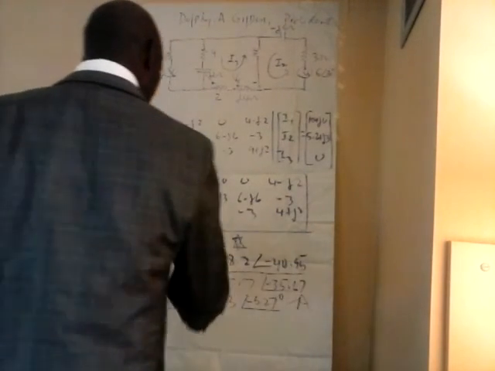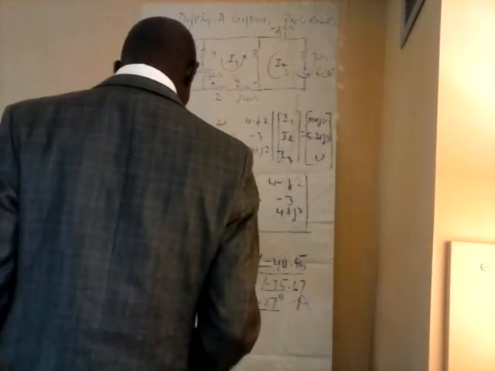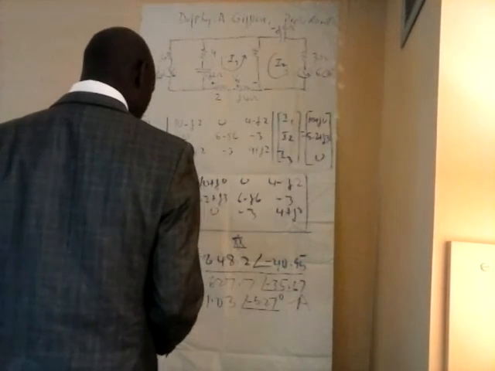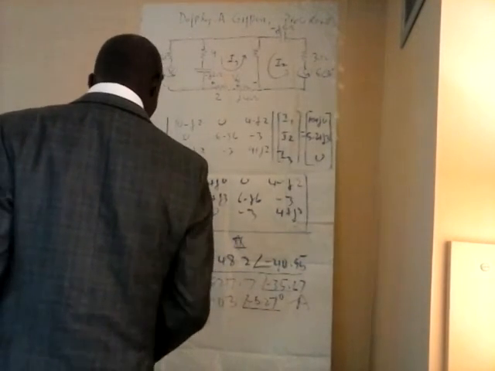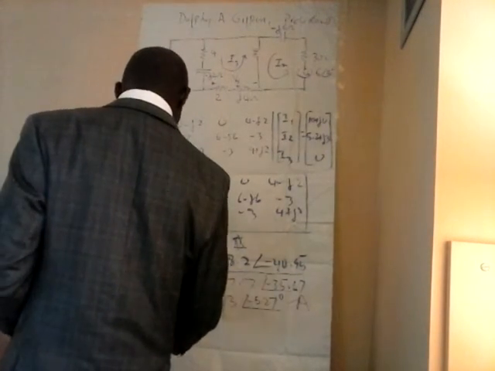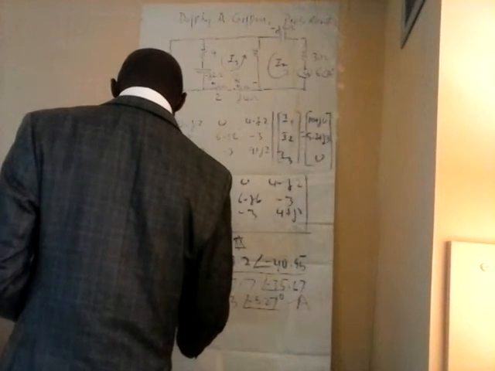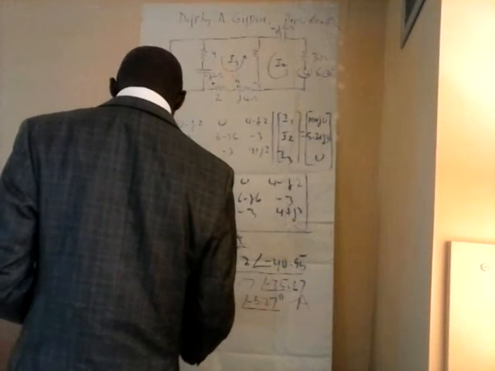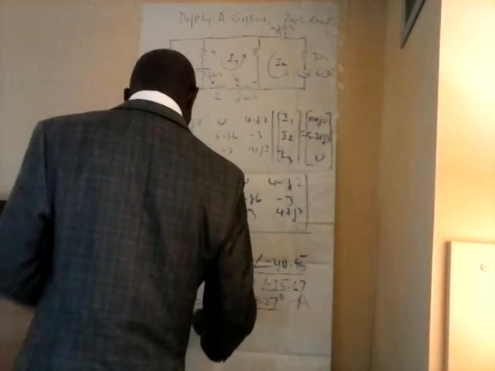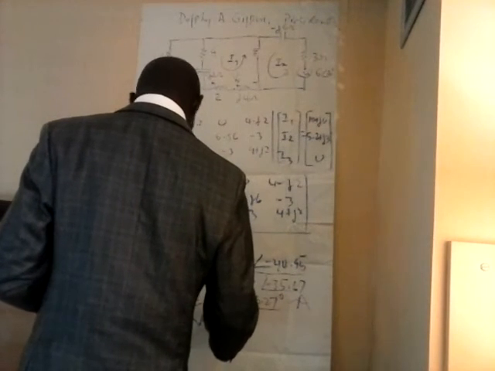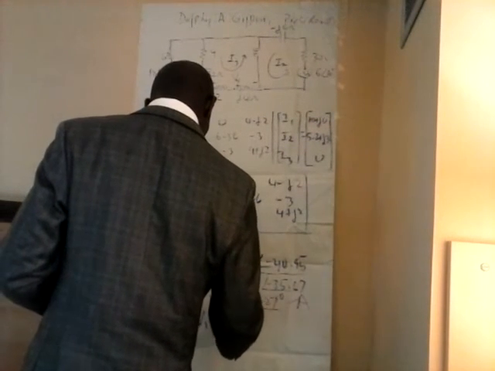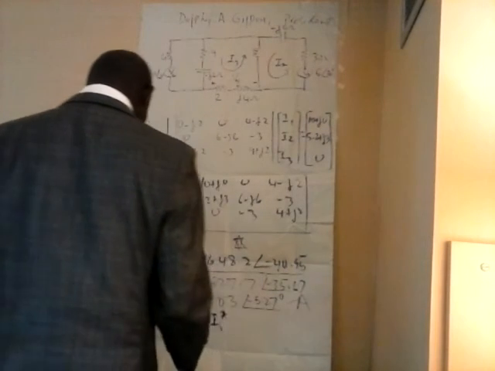Now the complex power associated with I1 will be S1. And that's equal to V1 I1 star, complex power.